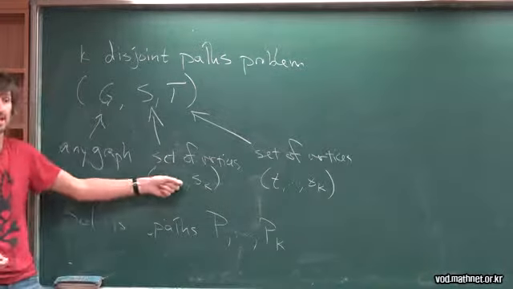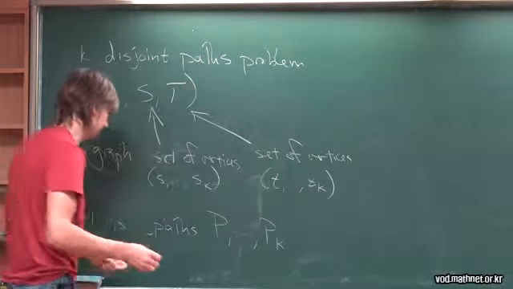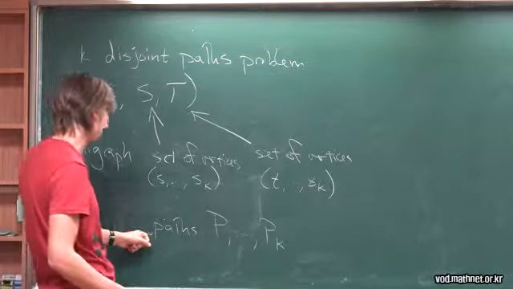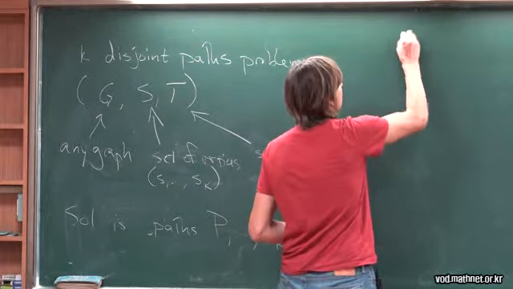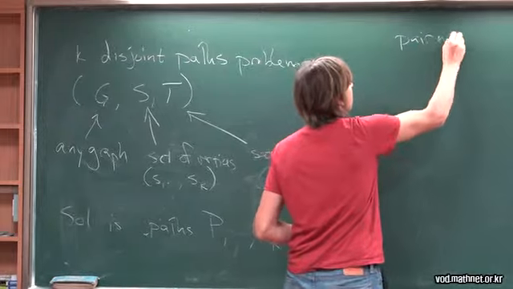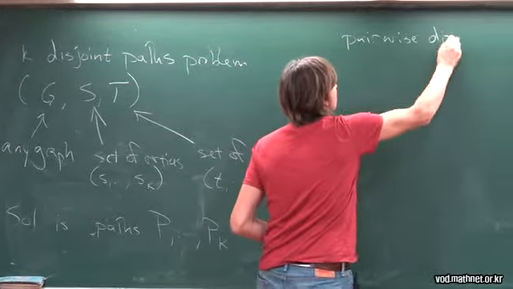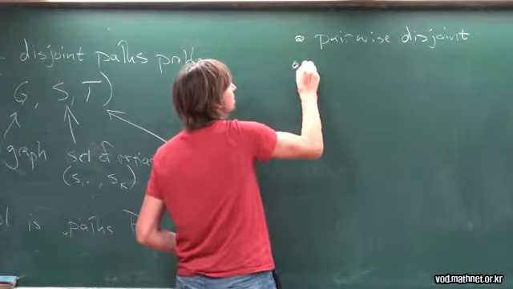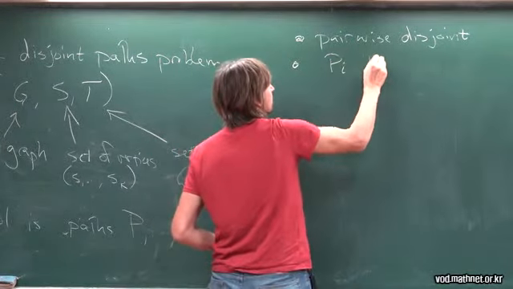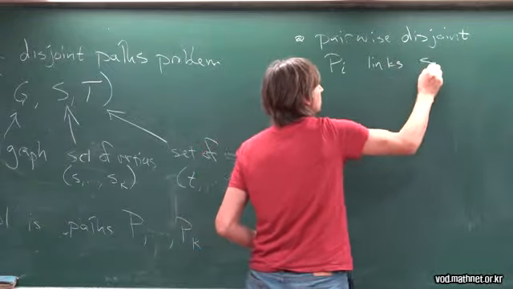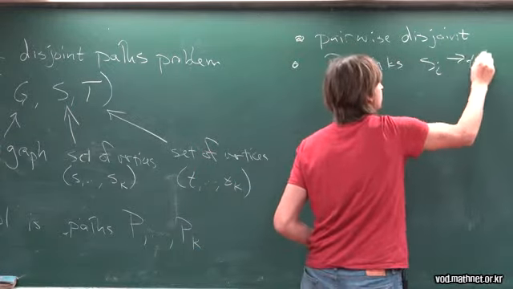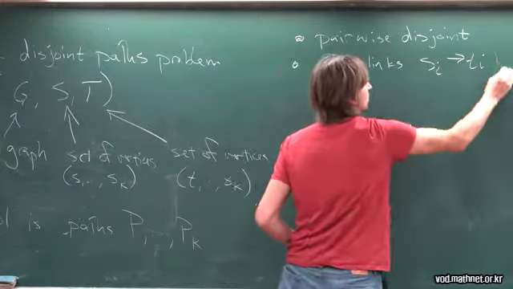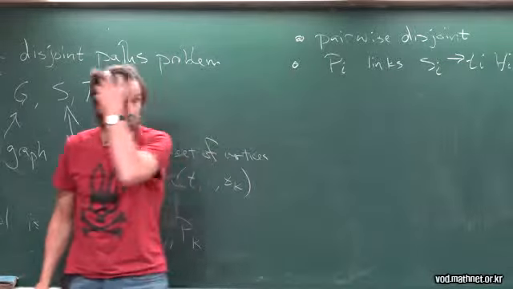So it's supposed to link Si to the vertex Ti. So a solution is paths P1 to Pk so that they're pairwise disjoint, and Pi links Si to Ti for all i equals 1 to k.